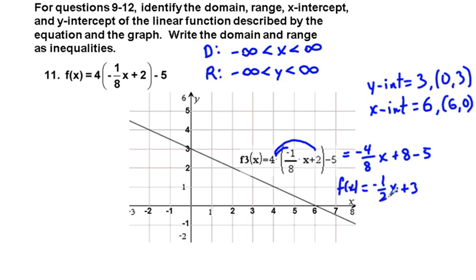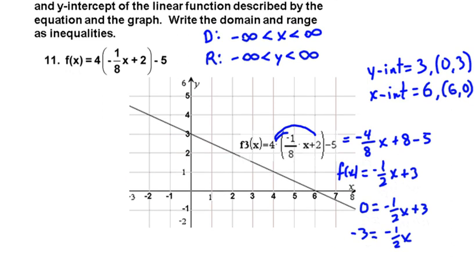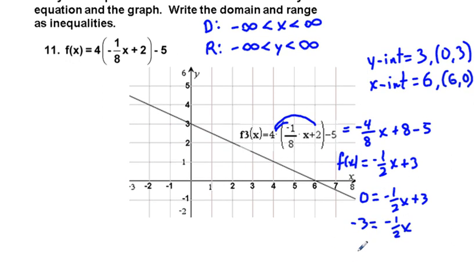And we can plainly see here that our y-intercept is 3, and if we set f of x equal to 0, we have 0 equals -1/2 x plus 3, and we subtract 3, we get -3 equals -1/2 x. And if we multiply both sides by 2, we get -6 equals -x.